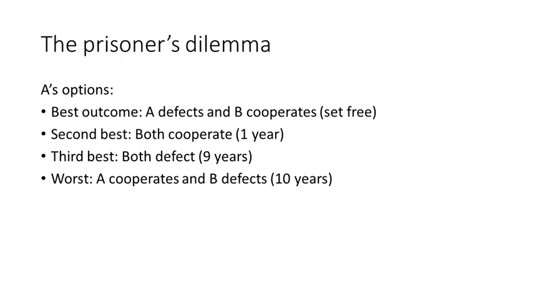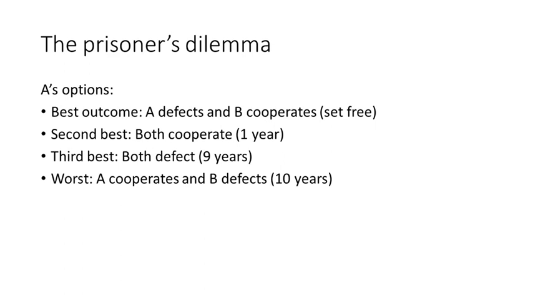Now, I need to explain the defect and cooperate terminology here. It's a bit unfortunate in some ways, because it can be confusing. By defect, we mean defecting on the other detainee, on your accomplice, defecting against them.